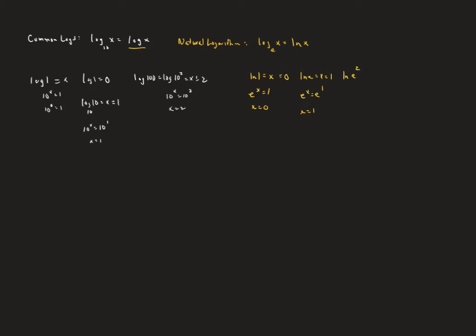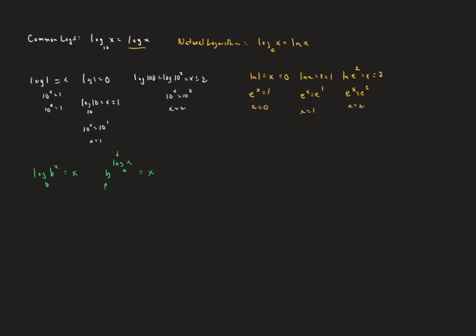The natural log of e to the second is going to be e to what power is e to the second, that's going to be 2. So the natural log of e to the second is 2. So in general, if we have the logarithm, any base of b to the x, these will cancel and we'll just get x. And likewise, if we have b raised to a logarithm base b of x, this exponential base b and logarithm base b are inverses. That's going to give us just x.